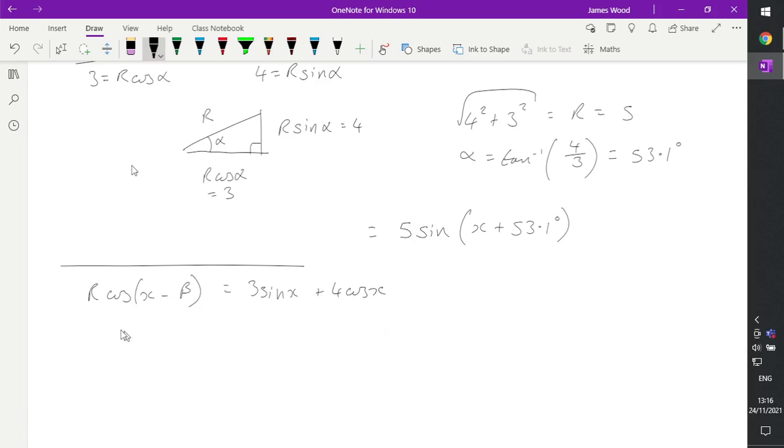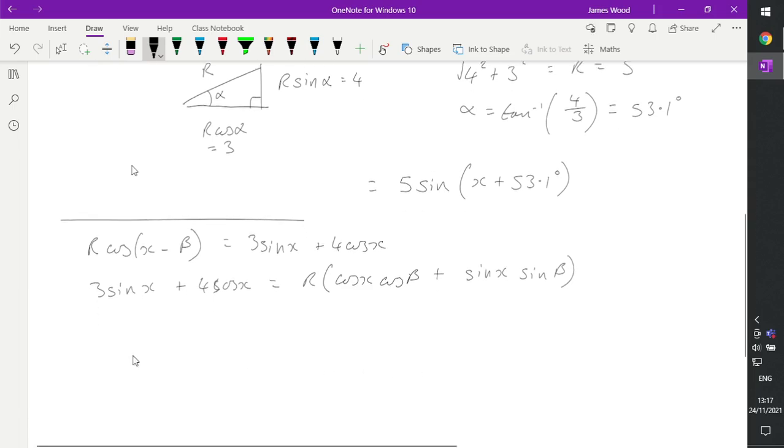I'm going to swap the sides around actually, but we're going to expand this function using the addition formula. So it's going to be r times cos x cos beta. And that's a minus in the middle, so it's going to be a plus in between: r sine x sine beta. Compare coefficients.